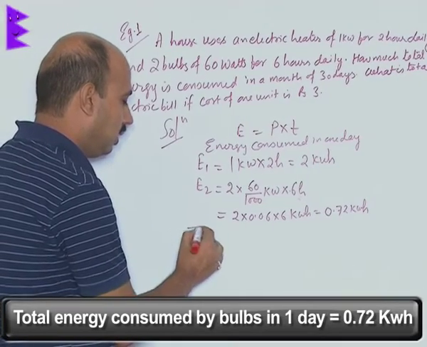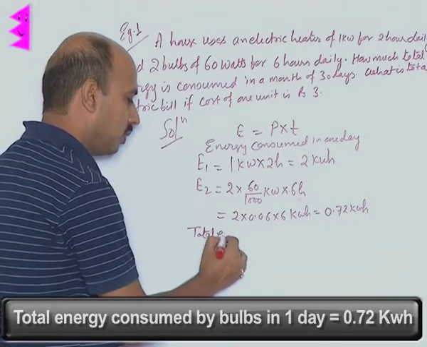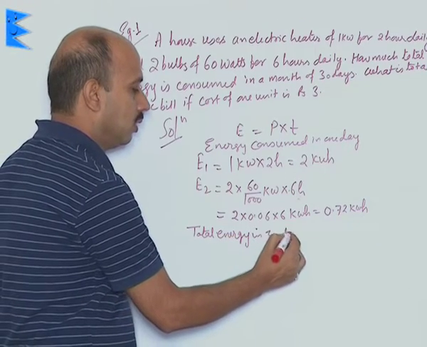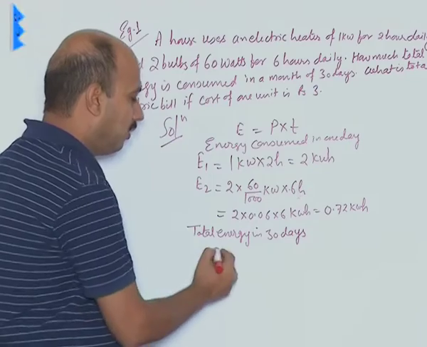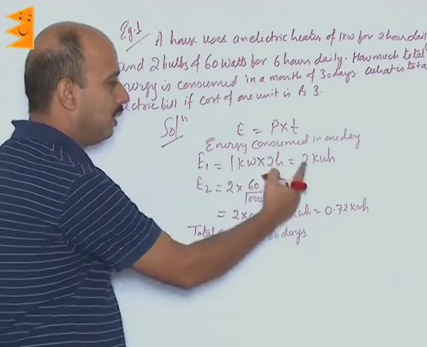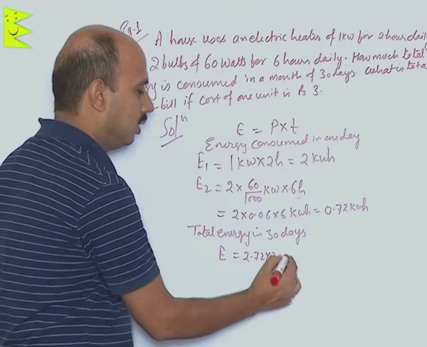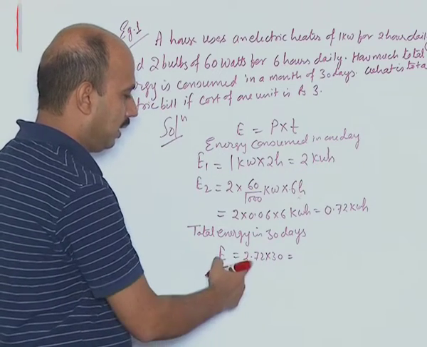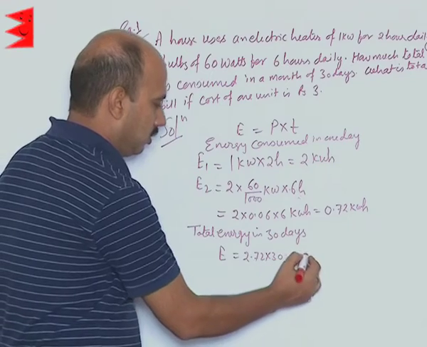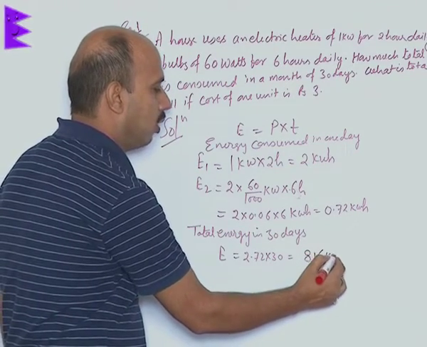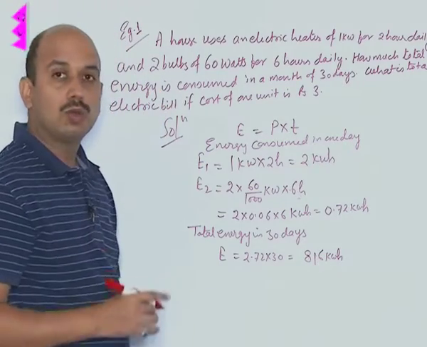Total energy in 30 days, that will be E is equal to the sum of these two, that is 2.72 into 30 is equal to 81.6 kilowatt hour. And now the total bill.